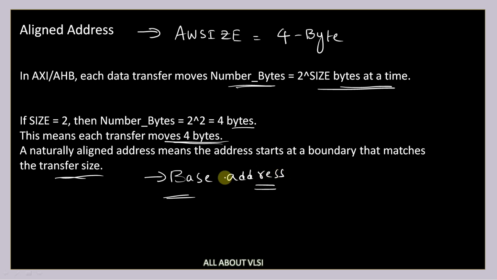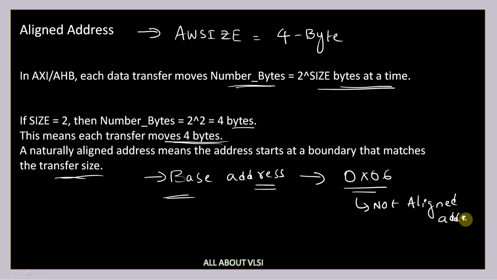Whatever address you take should be divisible by 4, then it is my aligned address. So if I consider my starting address as 6, then this is not an aligned address. So you should consider only aligned addresses.